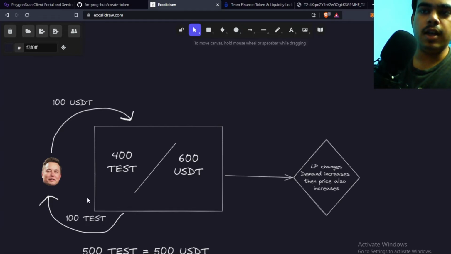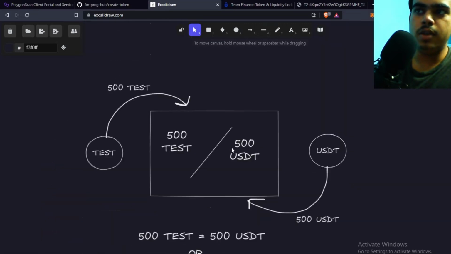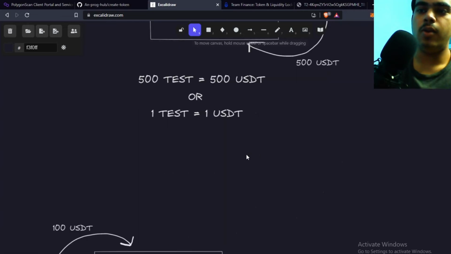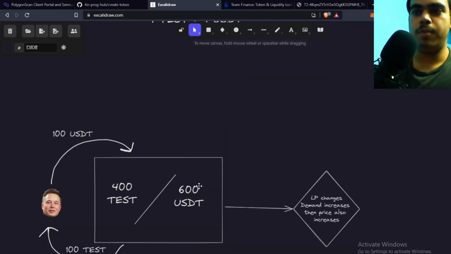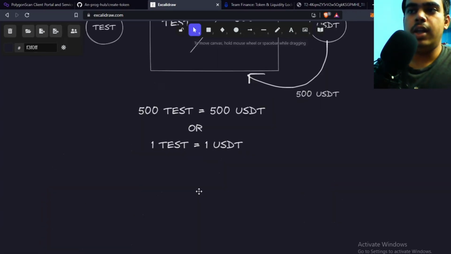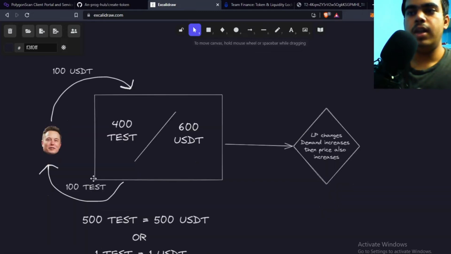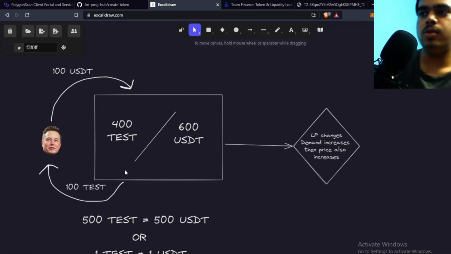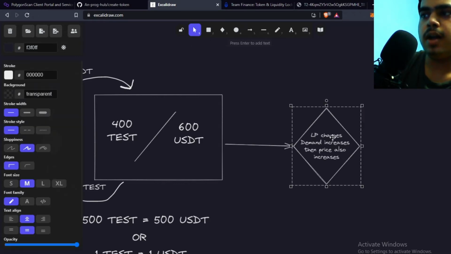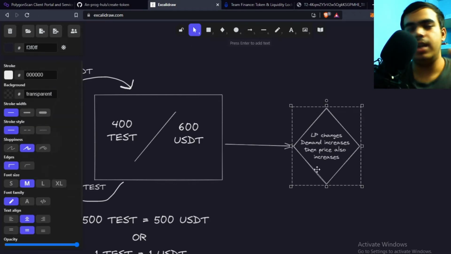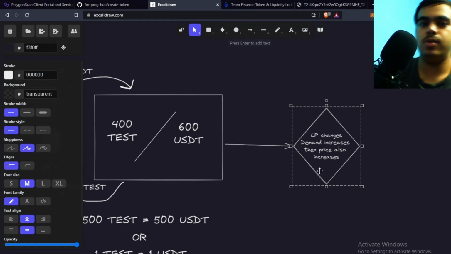Now, right over here, before, the USDT amount was 500 USDT. Now it jumps up to maybe 600 USDT. The price has increased. Demand has also increased because someone is buying from the pool, which also increases the price of the token. I also mentioned a note over here: the LP changes because when demand increases, the price also increases.